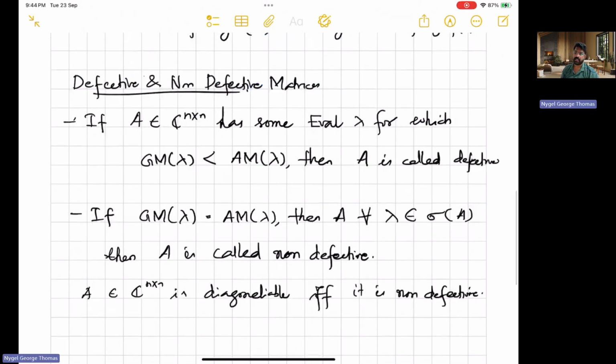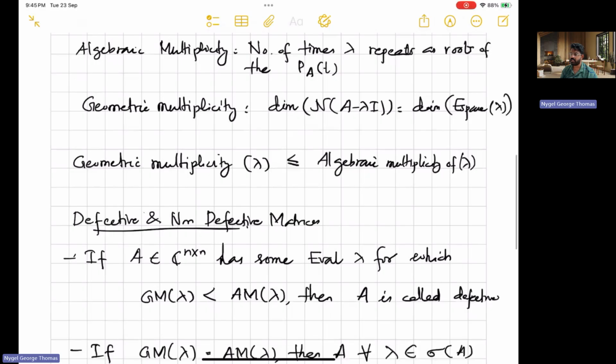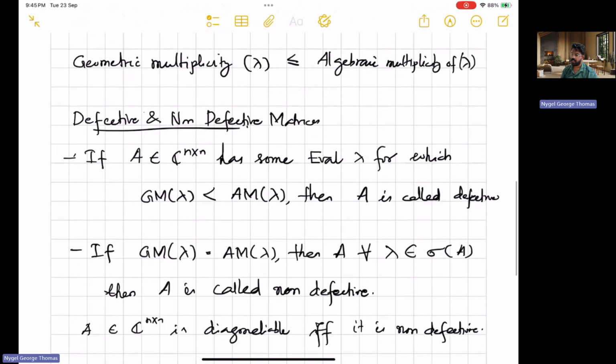Using the geometric multiplicity and the algebraic multiplicity, we can define defective and non-defective matrices. We've already seen the geometric multiplicity can be less than or equal to the algebraic multiplicity. If the geometric multiplicity of lambda is less than the algebraic multiplicity of lambda, then A is called a defective matrix.